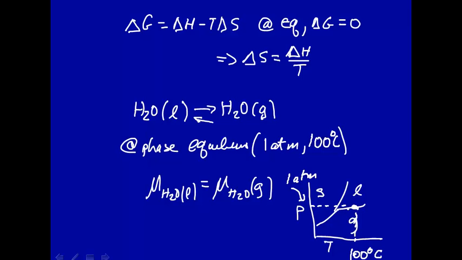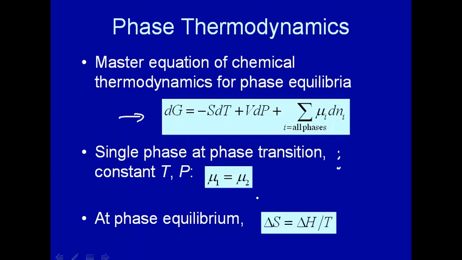And along the phase boundary, any place along the phase boundary, this one or that one or that one, we have the chemical potential of one phase equal to the chemical potential of the other phase. Okay, so that's what we mean by this slide.